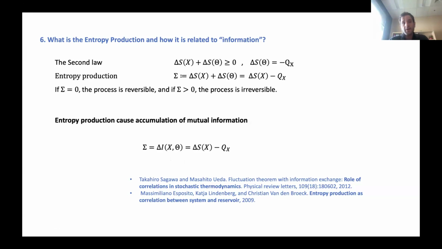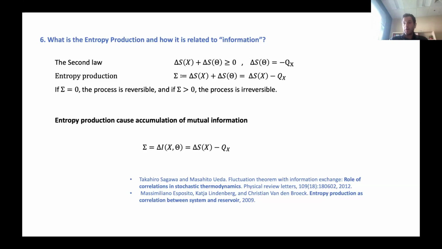Now, what this means, let's think about a very basic problem. Let's say that we have a cup of tea in a room. The cup of tea is a system of interest and the room is our environment. When tea is equilibrating with the room temperature, this is of course an irreversible process.